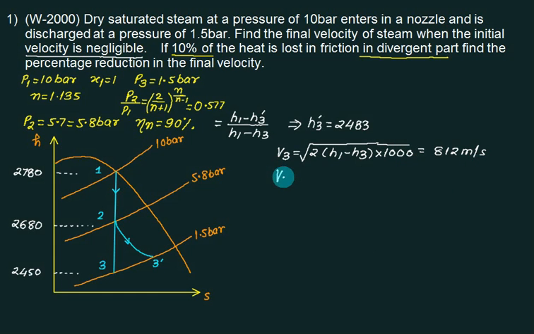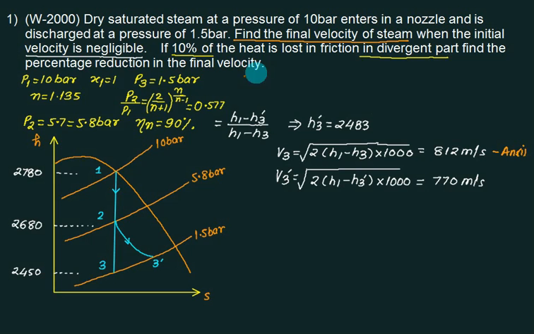Write the actual velocity V3 dash as under root of 2 times (H1 minus H3 dash), multiplied by 1000 for kilojoules. You are asked to find the final velocity first, so this one is answer 1.